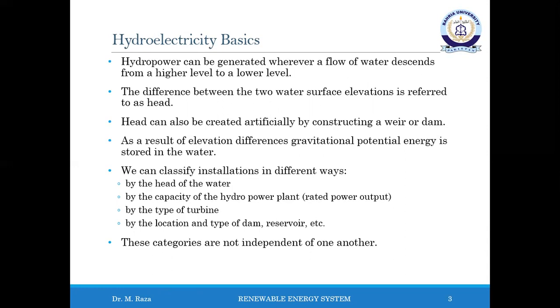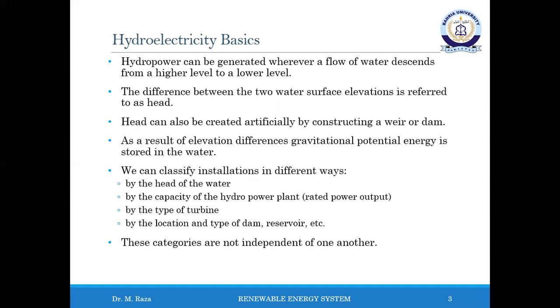The dam creates a barrier to water flow, raising the upstream water level to the desired elevation. As a result of elevation, gravitational potential energy is stored in the water. This energy can be used by installing turbines and generators.